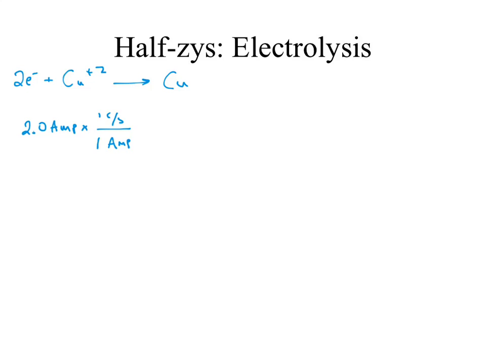We want to pump in enough electric current to completely convert all of the copper ion across. So we're going to run it for X number of time. So what we could do is to get rid of the seconds by multiplying by a time. We can convert that time into seconds.